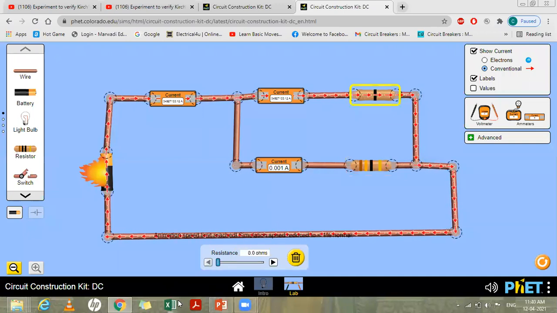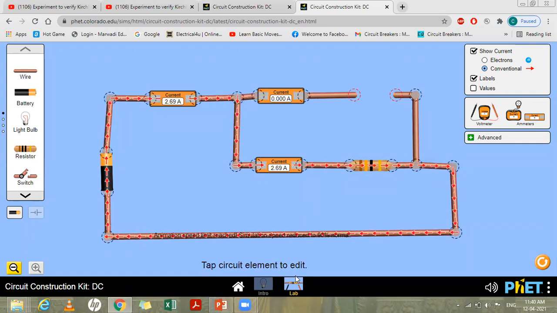Maximum amount of current is there and your supply voltage is burnt out, right? This is known as open circuit. So in an open circuit, no current is passing through that branch in which the open circuit is created. So all the current passes through this second path, because here there is no connection, right? So these are the conditions that you can see practically over here.